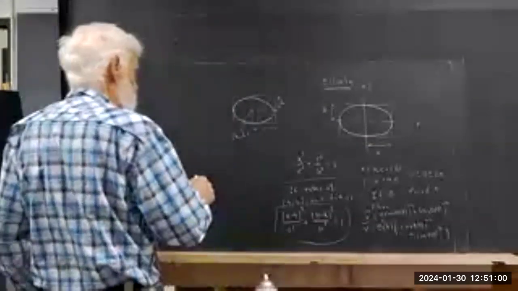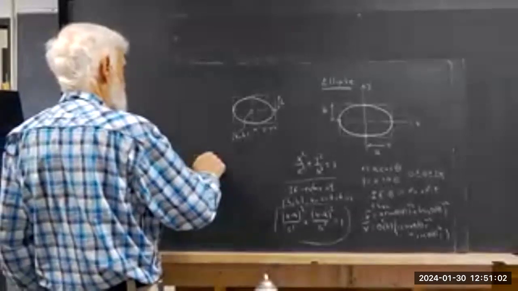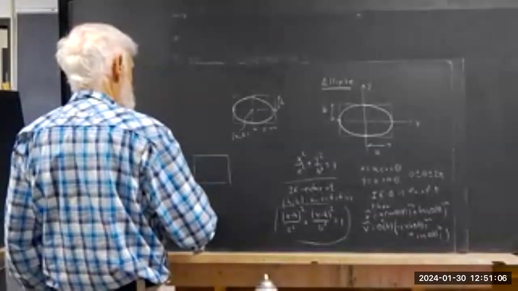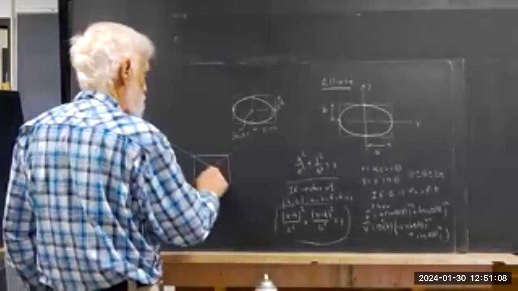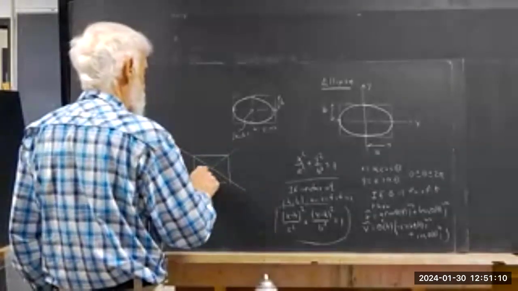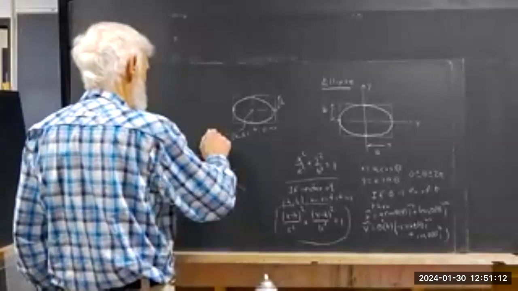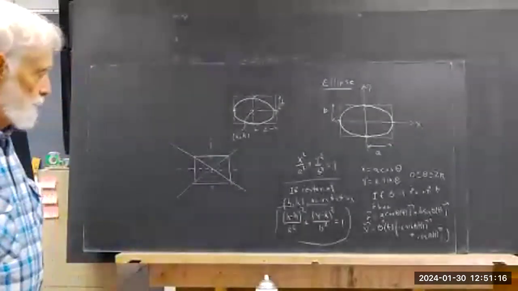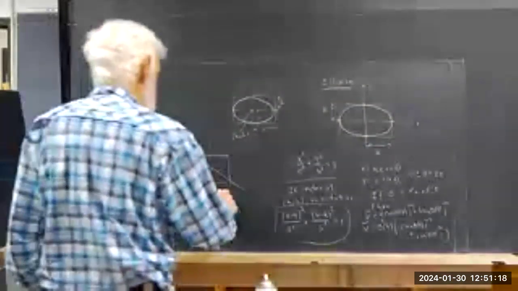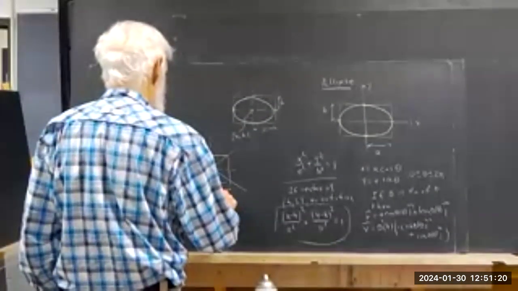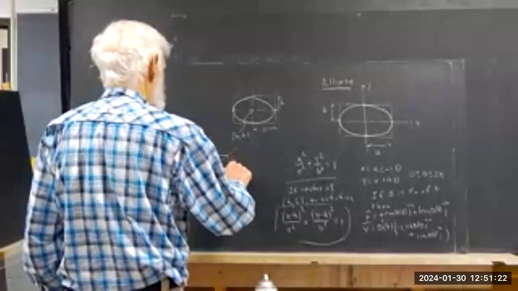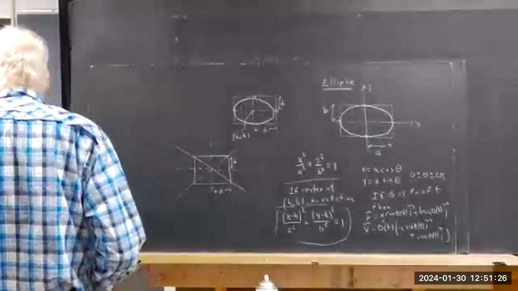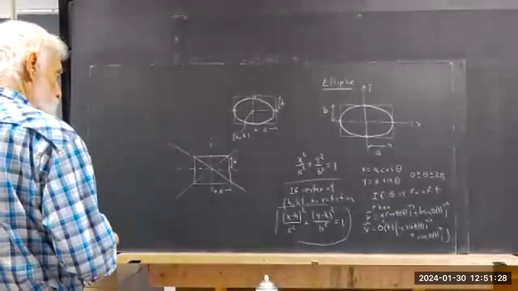Now, to draw a hyperbola, you draw the ellipse like this. This is still A. This is still B. There are two hyperbolas in this picture.